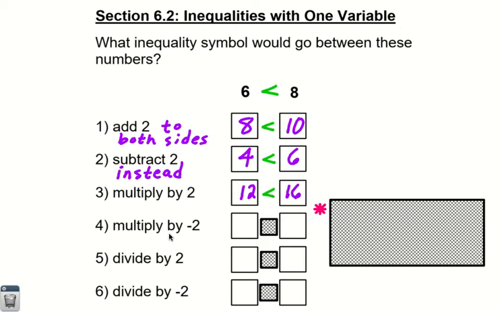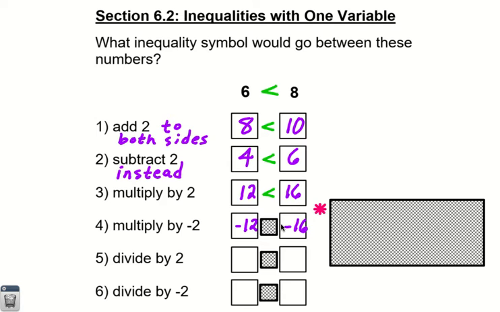And here, what if instead we multiply both sides by negative 2? Starting here, 6 times negative 2 is negative 12, and 8 times negative 2 would be negative 16. Would the symbol in between still be a less than?